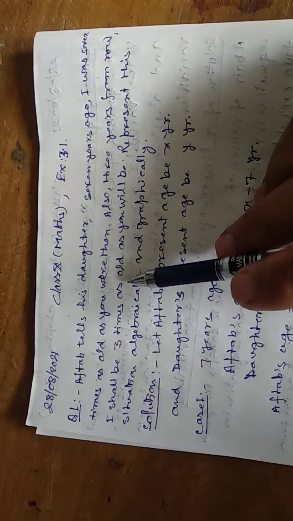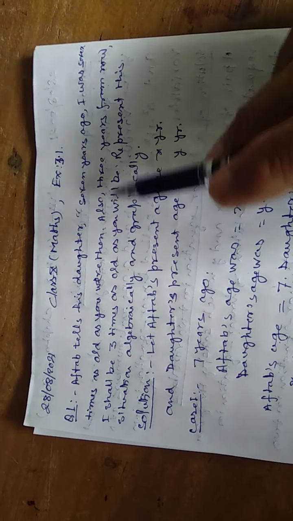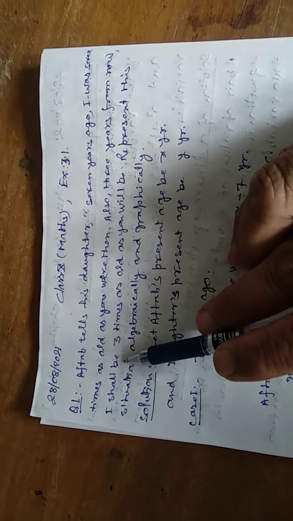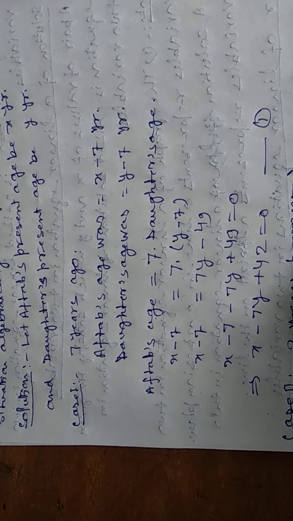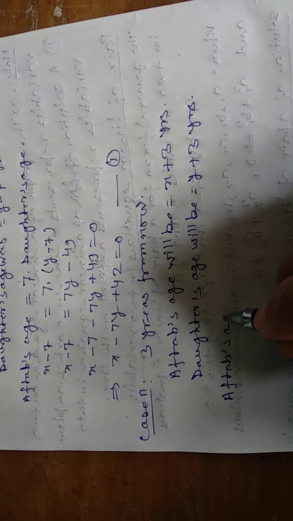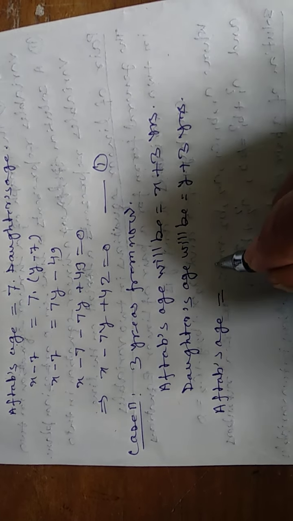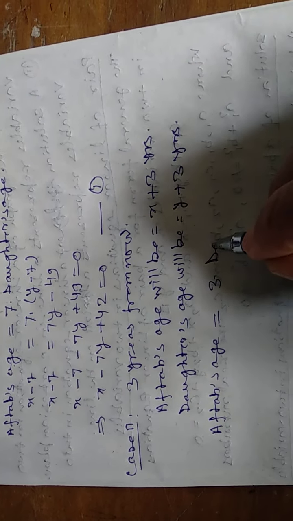Now see the condition. I shall be 3 times as old as you will be. That means Aftab shall be 3 times as old as his daughter. That is, Aftab's age is equal to 3 into daughter's age.